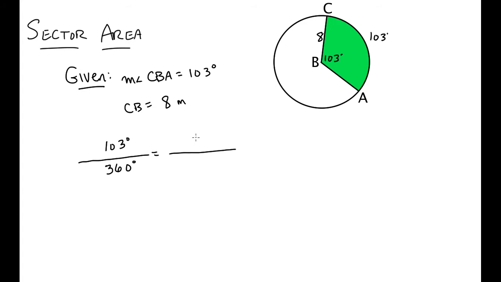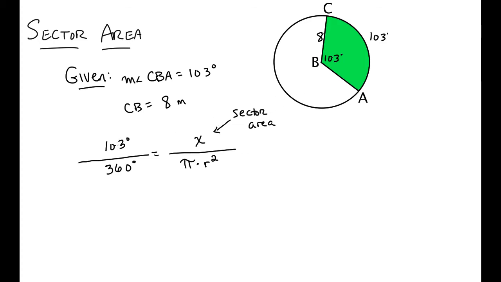Over here, you're going to put the sector area on top. That's what that stands for, sector area. That's what we're looking for. And then we're going to put the formula for the area of the entire circle, which is pi r squared.